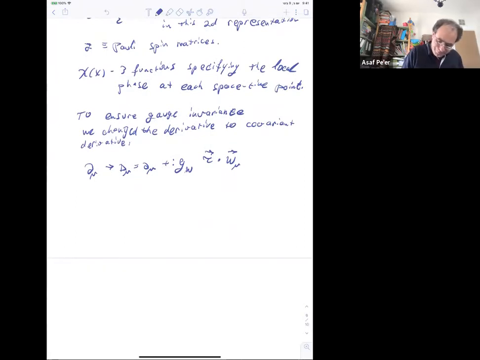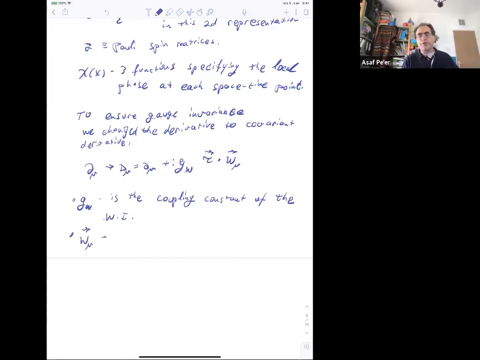g, or g W, is the coupling constant of the weak interaction. W, I wrote it as a vector.